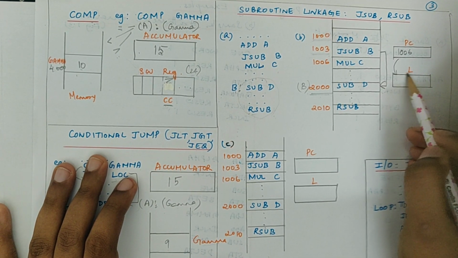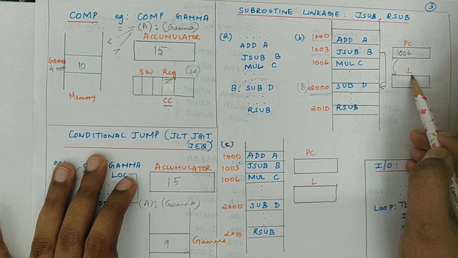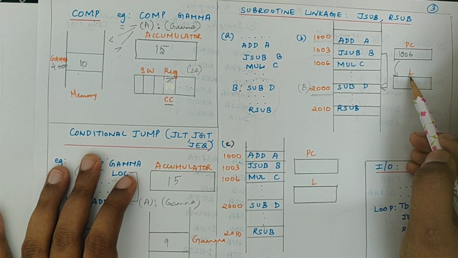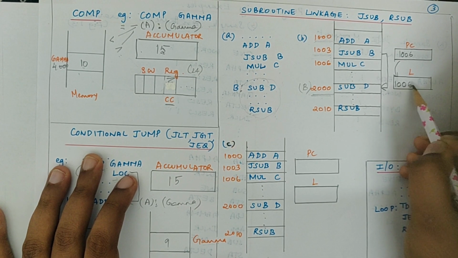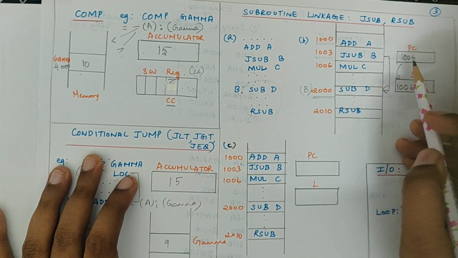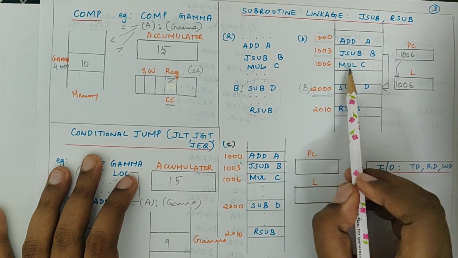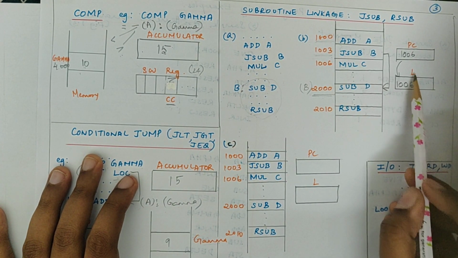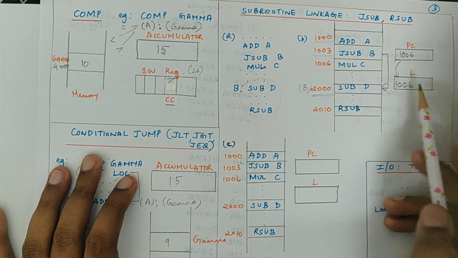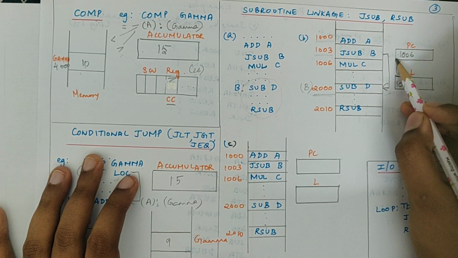This is the role of the linkage register. In subroutine linkage, you make use of the linkage register. In the linkage register, the address from PC will be stored. This is the return address. When I come back from the subroutine, the instruction MUL should be executed, so this is the return address. The return address is stored to the linkage register, and after that PC will be updated.